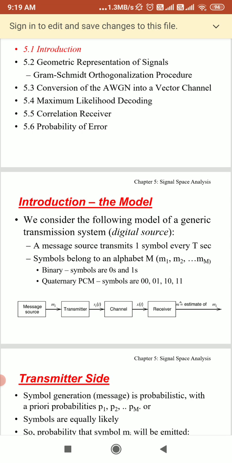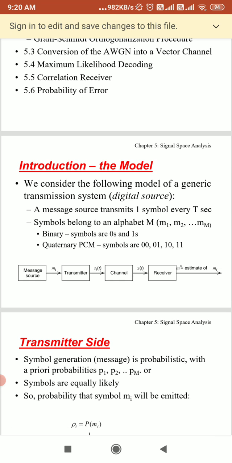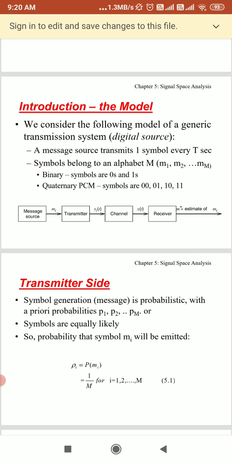Since we are using digital communication, our data will be in binary form, so the symbols are zeros and ones. If we take quaternary PCM, we can take the symbols as 00, 01, 10, 11. It means from 0 to 3.